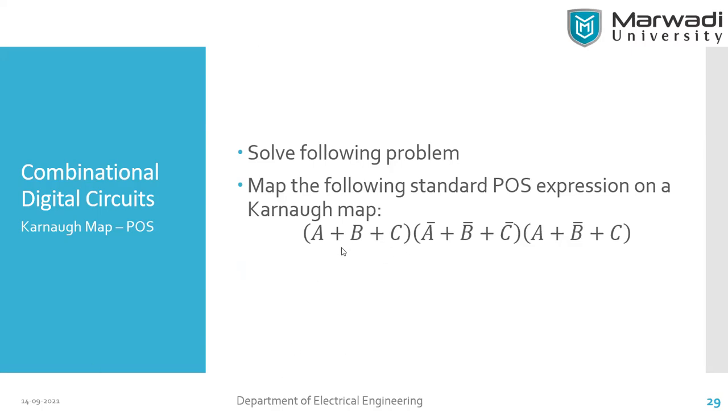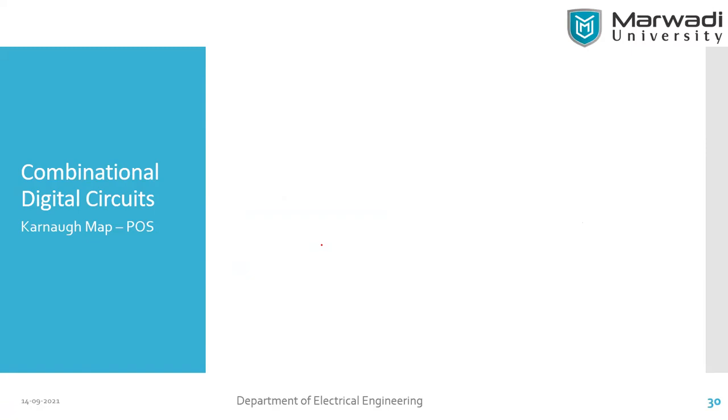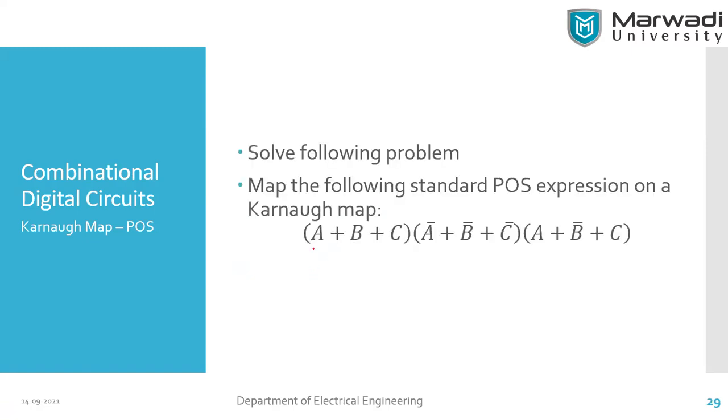Okay, so it's a very simple one. I think you can draw and simply solve it. A plus B plus C, A bar plus B bar plus C bar, and A plus B bar plus C. So how will you solve this?